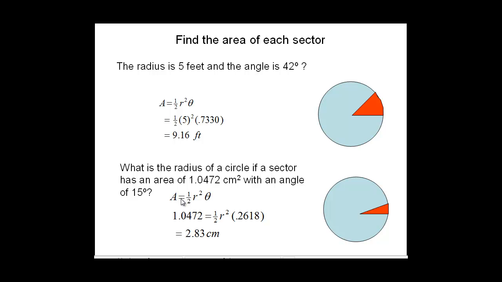Just convert it into a decimal: 15 times pi divided by 180. You should get 0.2618. And then when you solve that, 1.0472 divided by 0.2618, multiply by 1/2 and take the square root, you should get 2.83 for your answer.